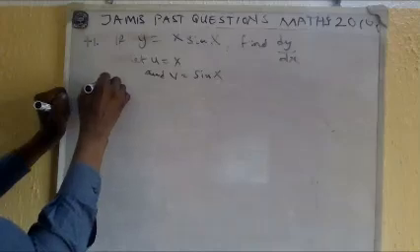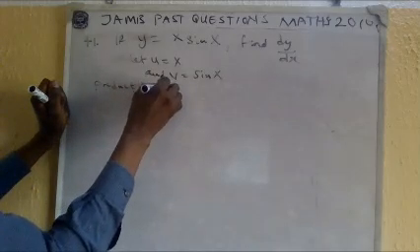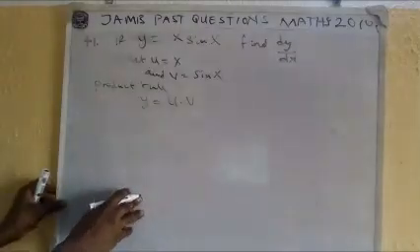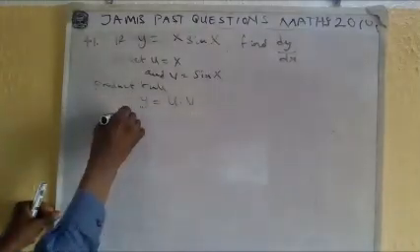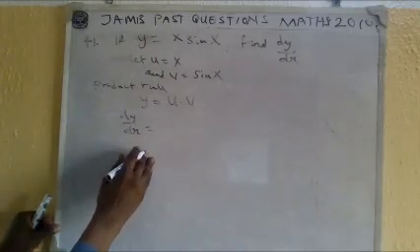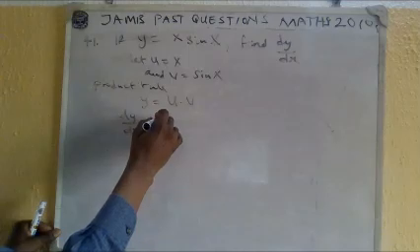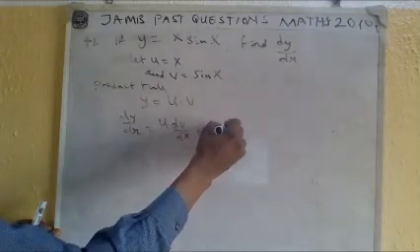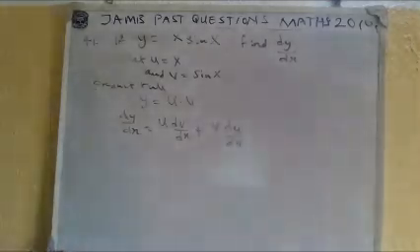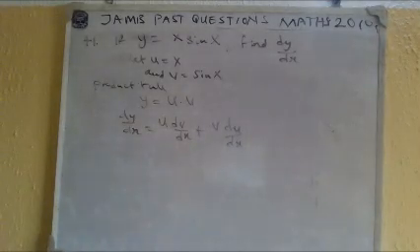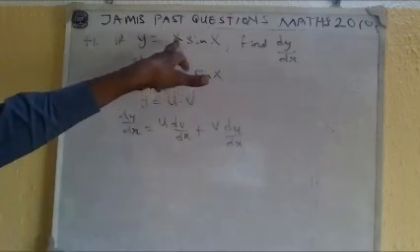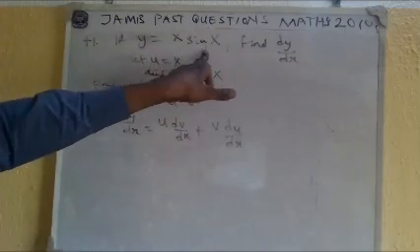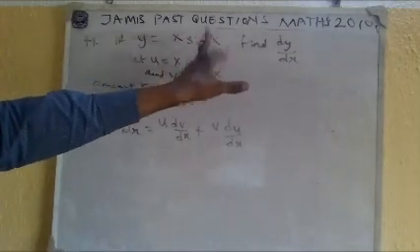Product rule says that if you have y is equal to u times v, for instance, dy/dx is equal to u dv/dx plus v du/dx. So product rule says that if you have two functions, you keep this one and differentiate this. This 'did' this plus this 'did' this.